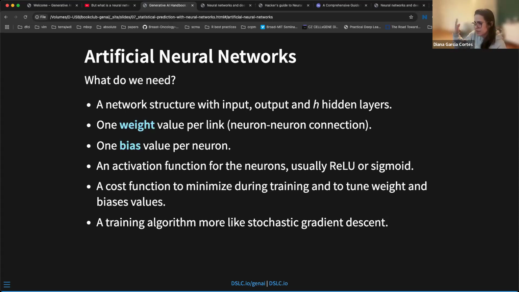Because again, if we have a network with many neurons, we're gonna have to find the values for tons of weights and tons of biases, and that can be a slow process.